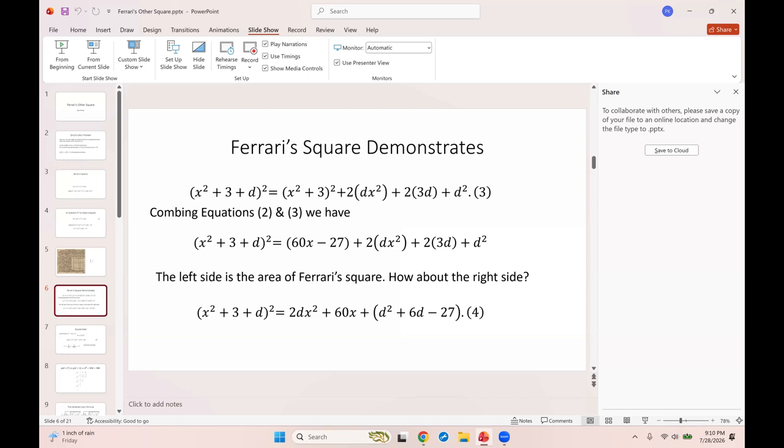And that takes care of most of the rectangle, but you've got a few other bits that I've got dragging out the side, and then taking up the end of it is d squared.